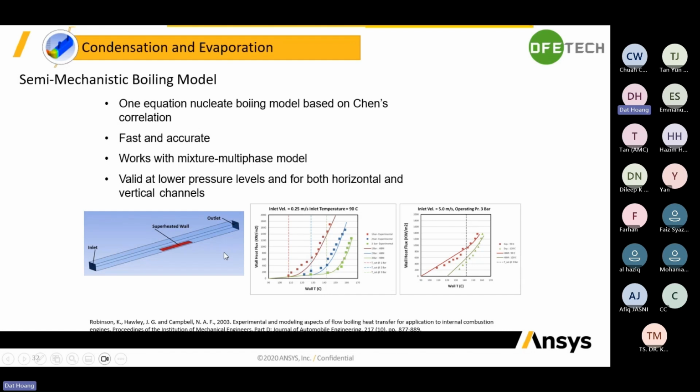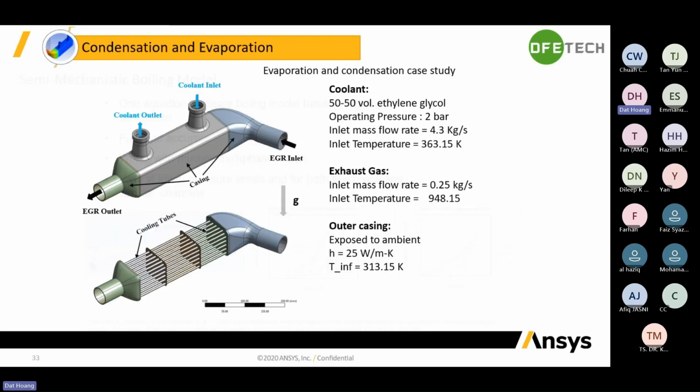So it's one of the reduction models to just capture the phenomena, but we can also go with a more complex problem. Like here, we really capture the evaporation and condensation, with a mixture here.